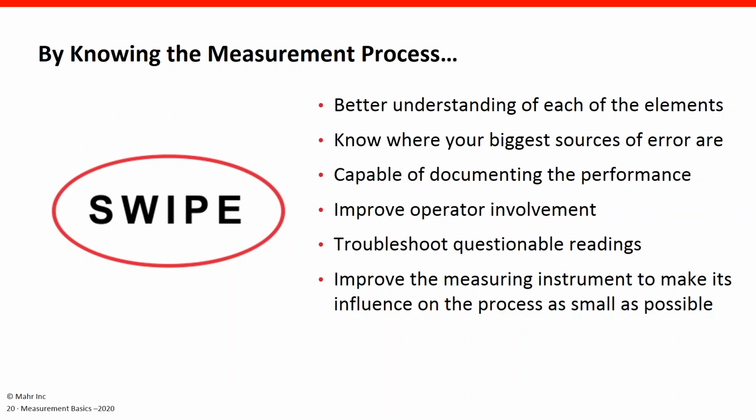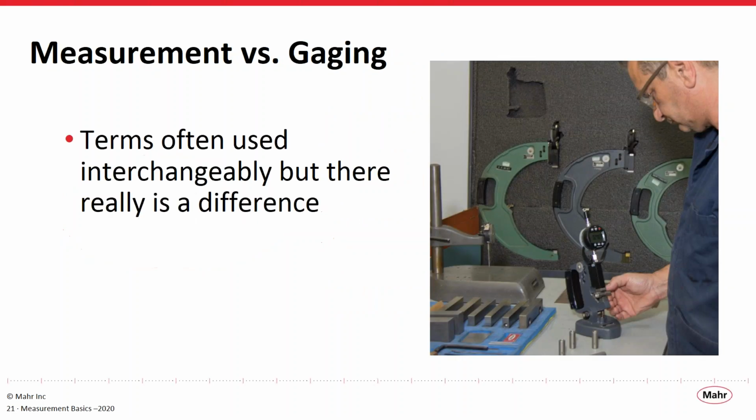We can improve operator involvement, make sure that they're well trained and capable of using the machines. It helps us to troubleshoot questionable readings, to find out where our sources of errors are. And it helps to make the measuring instrument have the least influence on the measuring process. So remember SWIPE, and I think it'll solve a lot of your measuring errors that you come across.